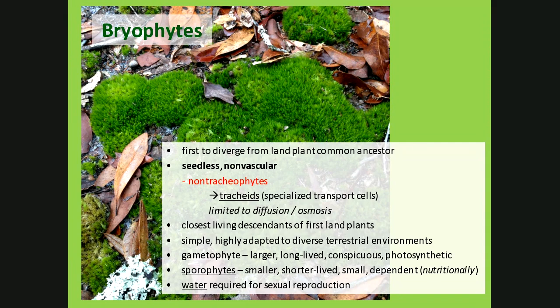Because there are mosses around. So again, it's not like a bad thing or a good thing. As long as you can find a place to live, darker environments, cooler environments, areas where we don't have to worry about drying out, areas where it tends to be moist, that's where you find mosses, right? So this is kind of what we think maybe the first land plants looked like, mosses moving out on the land.